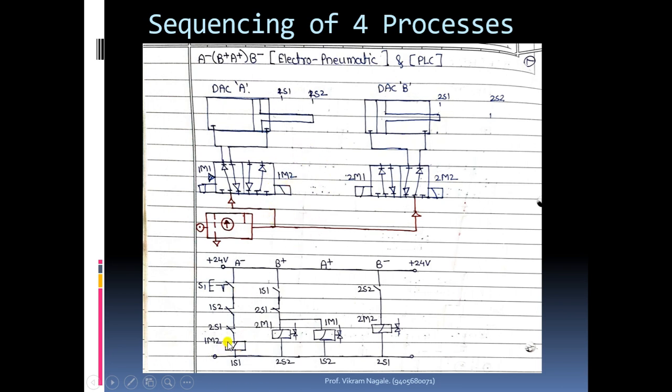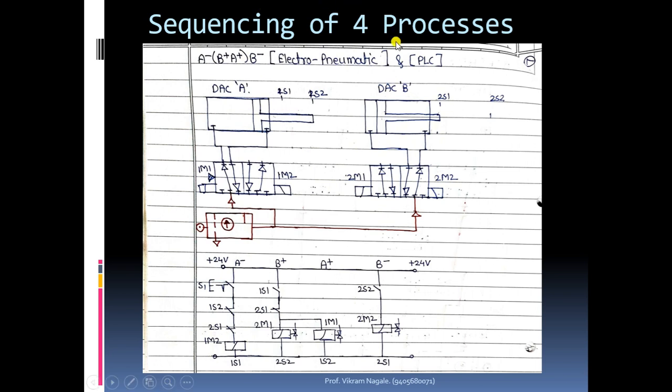So 1M1 coil ला supply द्यायचा, तो आता कुठून द्यायचा बोलू, by taking the feedback of completion of this B minus process. So 2s1 is utilized over here. Now 2s1 will be initially pressed because the rod end is at that position. So here we have to look after position in case of first cylinder also.